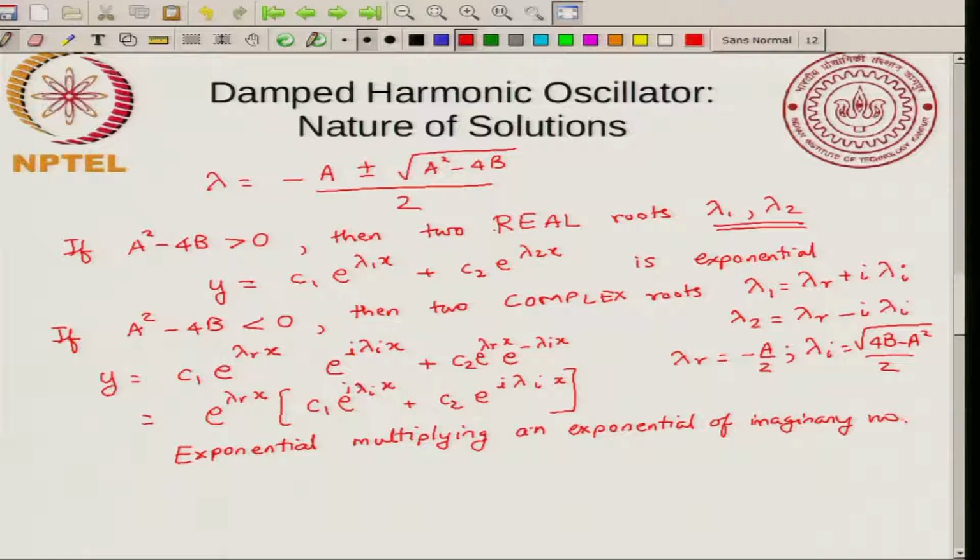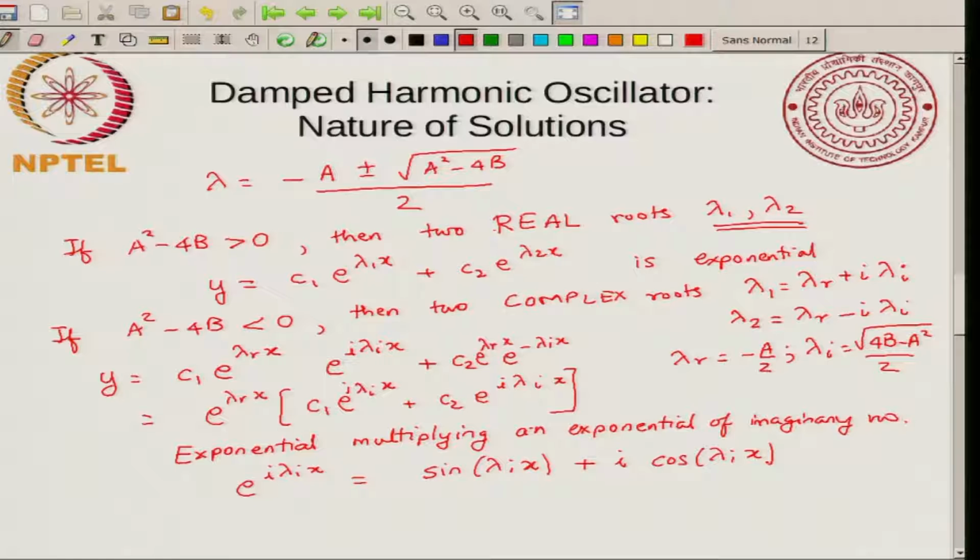And you know that an exponential of an imaginary number can be written as a linear combination of sines and cosines. So e to the I lambda I x can be written as cosine of lambda I x plus I times sine of lambda I x.